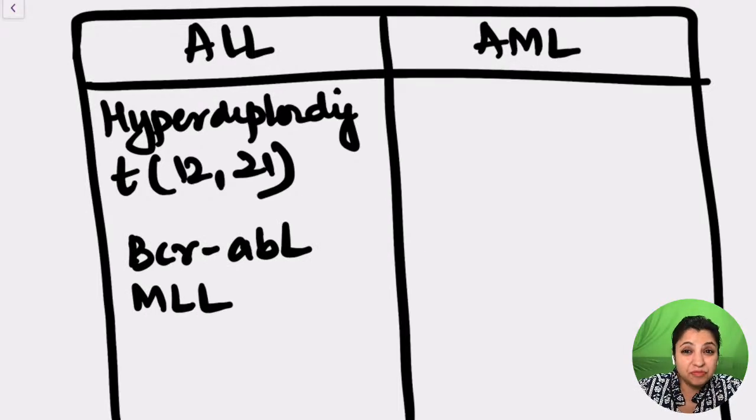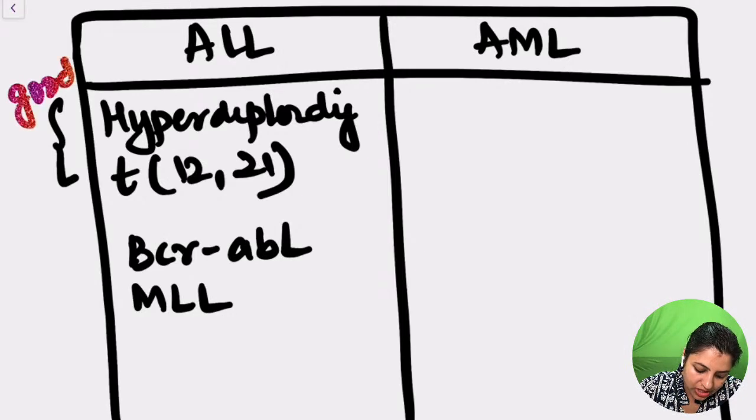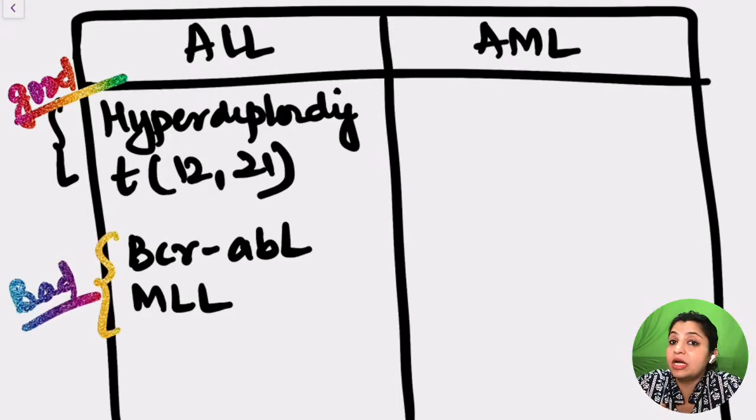These are the simplest ones I'm telling you. All four mutations can be associated with ALL. There are more also, but I'm just writing for the undergraduate. The first two are good, the second two are with bad prognosis. Do you remember I told you to write prognosis also at the end? So remember, first two are good, last two are bad.